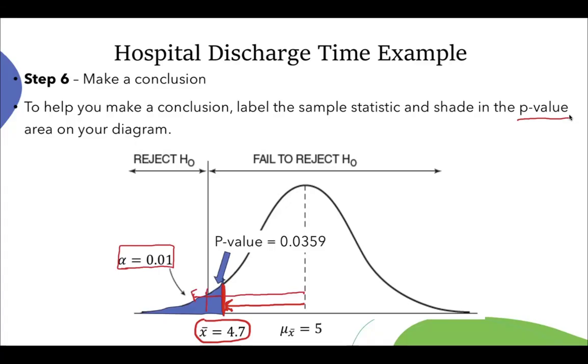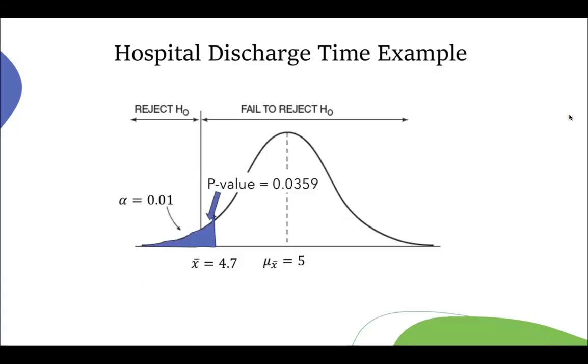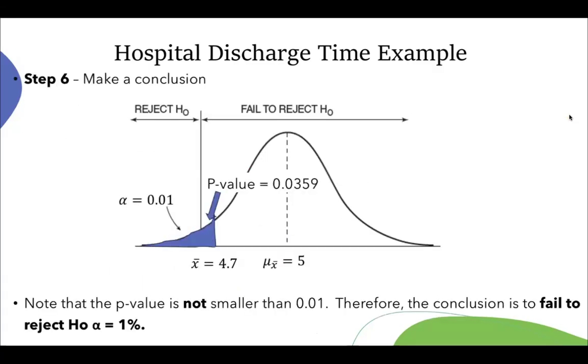And we know it's not in the critical region because the p-value is bigger than alpha. Okay, so we have a conclusion here, and it's going to be fail to reject the null hypothesis. The p-value is not smaller than 0.01. The conclusion is fail to reject H0 at alpha equal 1%.